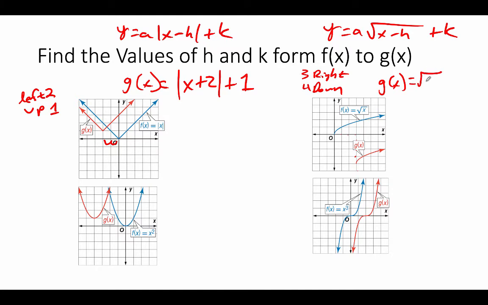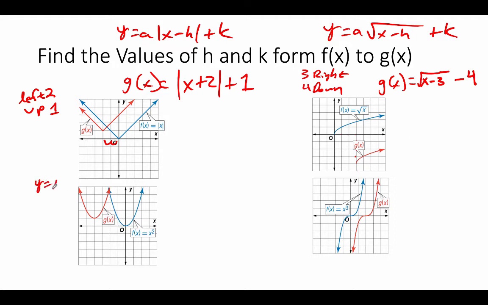So I'm going to go square root of x minus 3. Again, I went right 3. The value of h is positive 3, but the minus is part of the formula. And then I went down 4. Right 3, down 4. So the down 4 is minus 4, just like you would predict. But the left and right is kind of an opposite idea. You need to be careful.